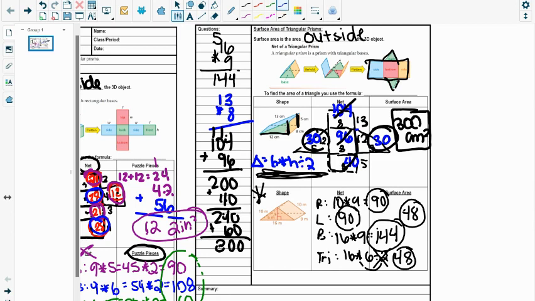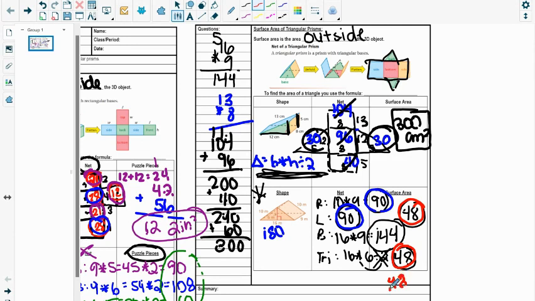All right, next thing we would do is add them up. So I've got 90 plus 90. Well, I'll drop off those zeros and do 9 plus 9, which I know is 18. Add in the 0, and I'd have 180. Then I'm going to group together my 48s.